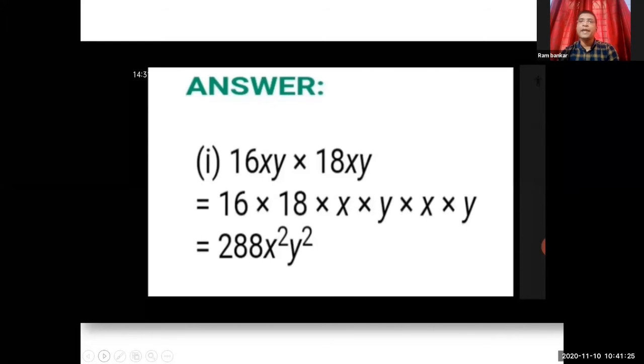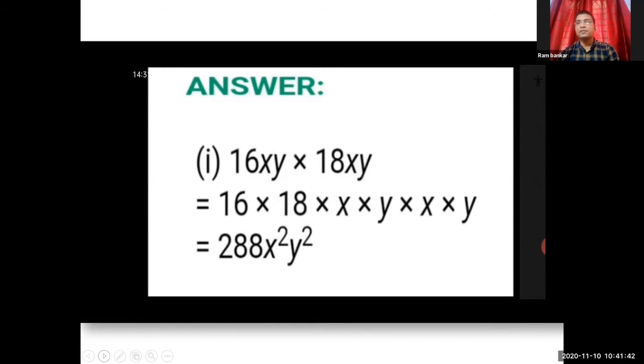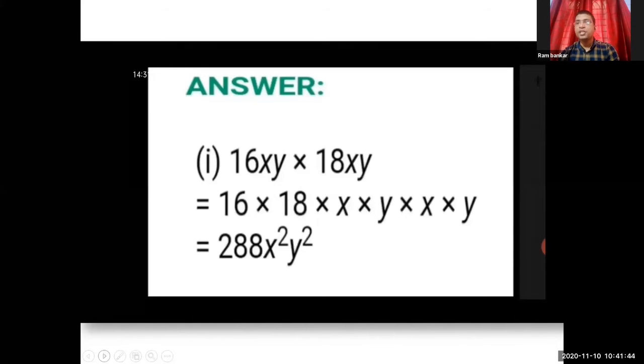16xy into 18xy. Monomial into monomial. Now we have to multiply coefficient into coefficient. What are the coefficients? 16 in the first term, 18 in the second expression. So 16 into 18. And the next step is to write down the variables in the multiplication, x into y, x into y as it is.